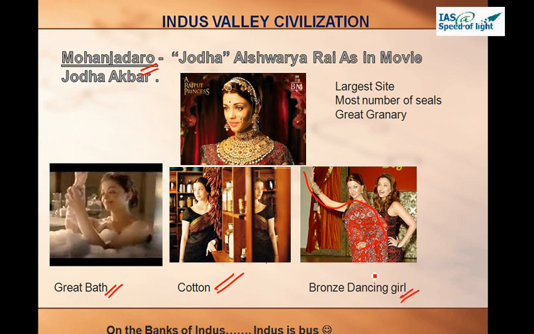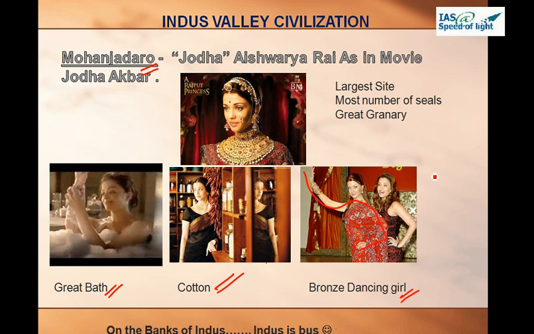So it is on the banks of Indus, so we again link bus. We have a picture of bus and a picture of Mohenjo-daro, that is Jodha Akbar. So you see Aishwarya Rai driving one bus, acting as a driver of a bus.